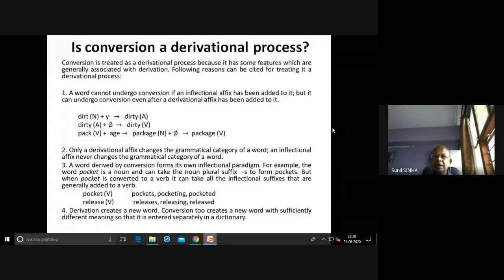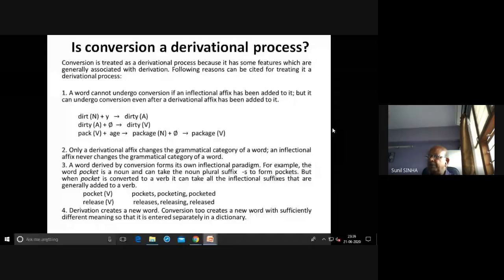Pocket as a noun means a thing in which you can keep something. A thing or a place in a shirt or in a pair of trousers in which you can put your purse, your money, etc. That is the meaning of pocket as a noun.